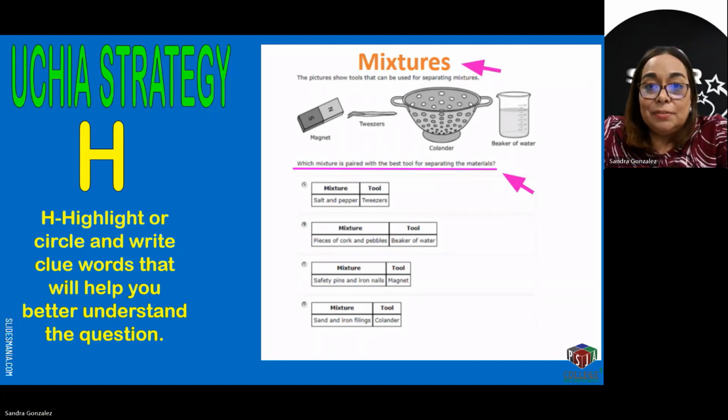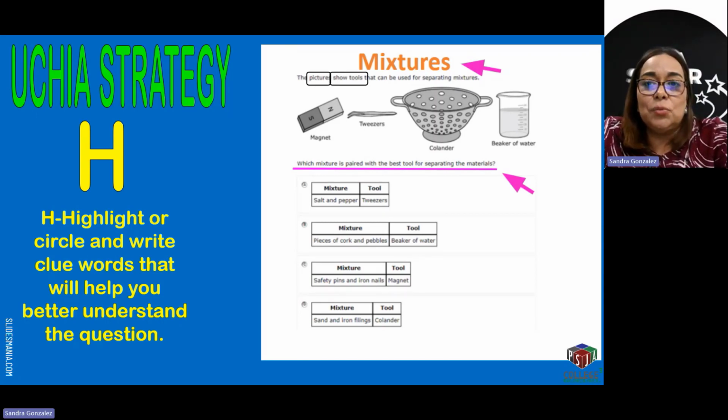Tool, separating, best. Okay, tool, best. Materials. Awesome. And what about the pictures? You mentioned tools, and then used, separating, and mixture in the question, paired, and then definitely best tool for separating.